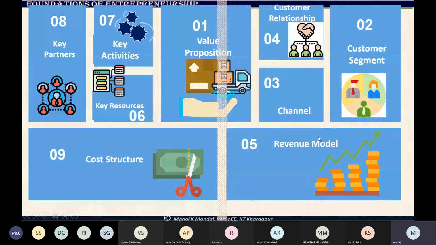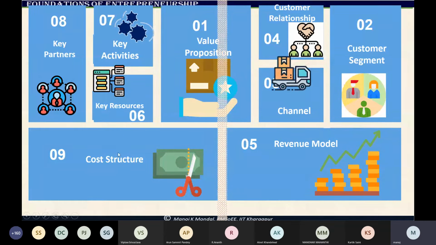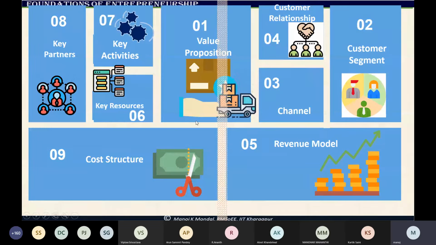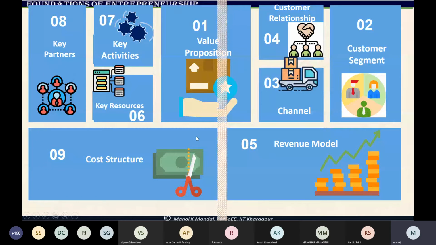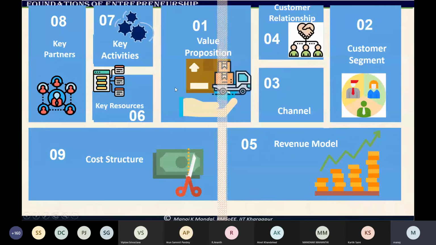On the right side is how you are earning revenue. On the left side are the cost elements and how to eliminate the cost as far as possible. And eventually, when you populate all the blocks in this canvas, you have a fair idea how you're going to run the business.